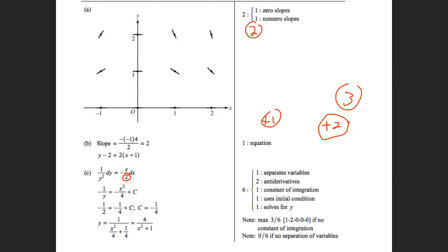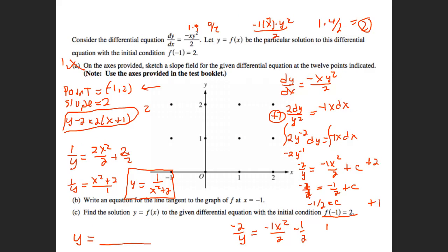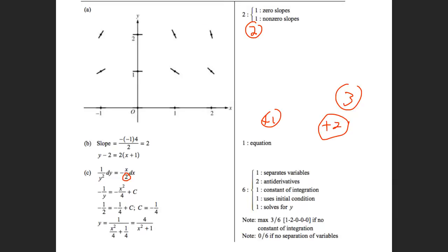If you go back, okay, so if you're going to put a 4 under there or over there, you can do that and you're going to get the same thing. And this is where it gets a little bit tricky when you're doing the separation of variables. I brought the 2 over here because I thought it would be easier to get rid of that.